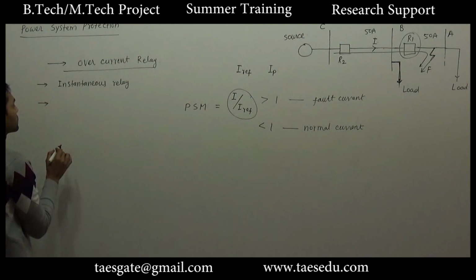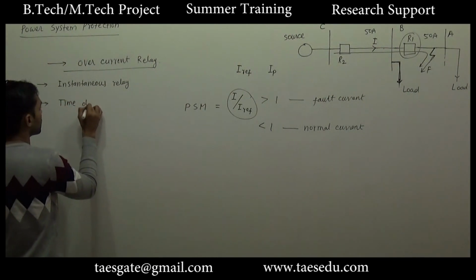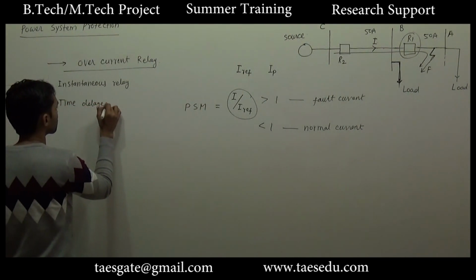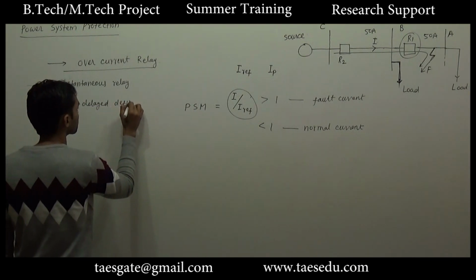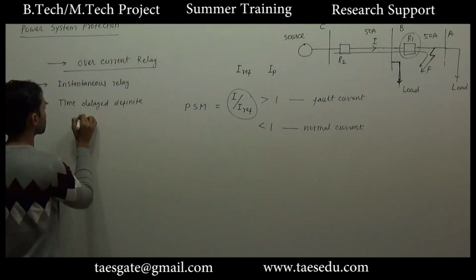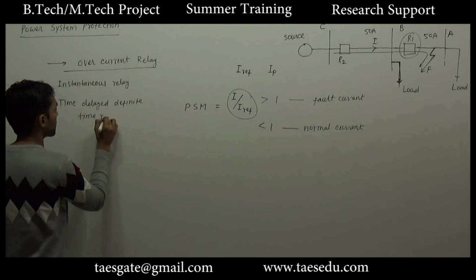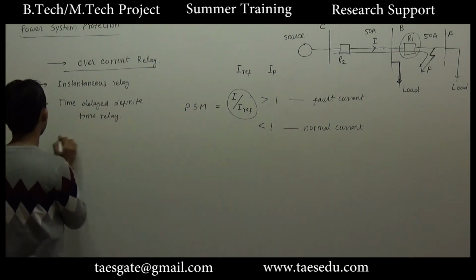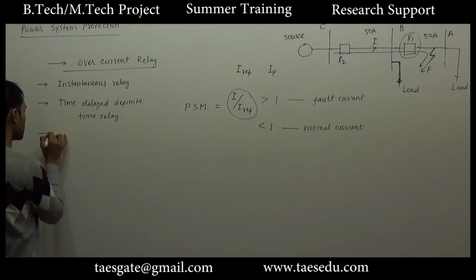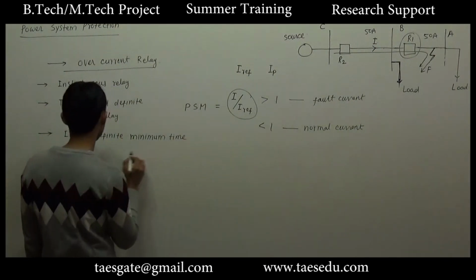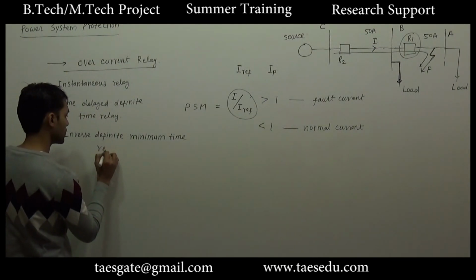Second is time delayed definite time relay. And the third, which is mostly used, is inverse definite minimum time relay.